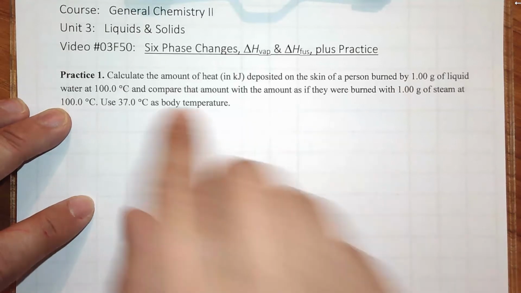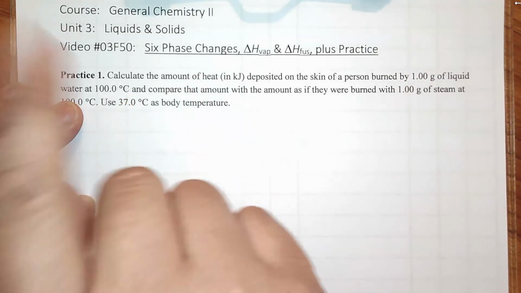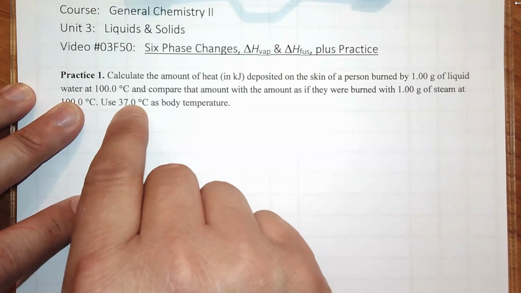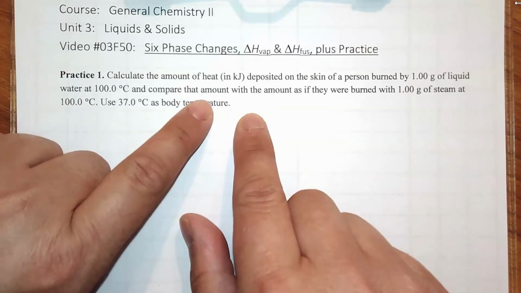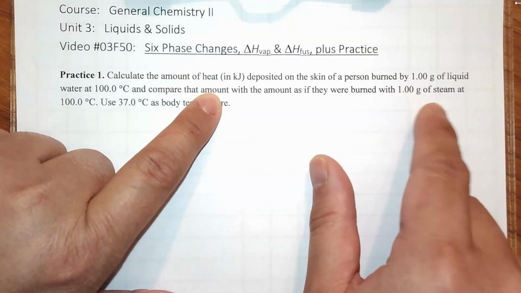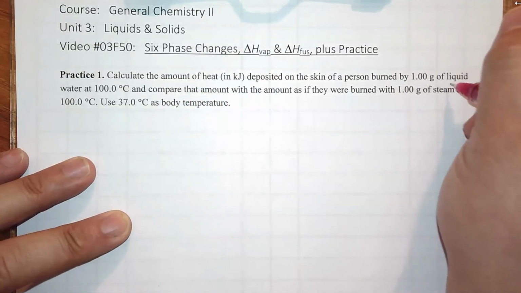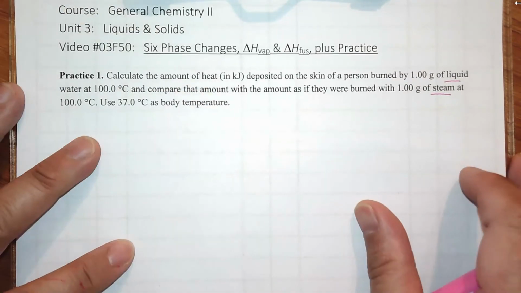Okay, so that's nasty. A gram of 100 degree water, liquid, is going to transfer heat to your skin. We're going to compare that amount with the amount as if they were burned with 1 gram of steam. So we have liquid here and we have steam here. Is that going to make a difference? Yes.